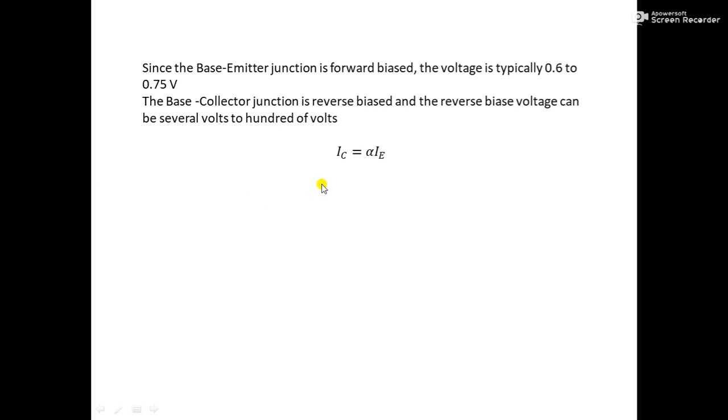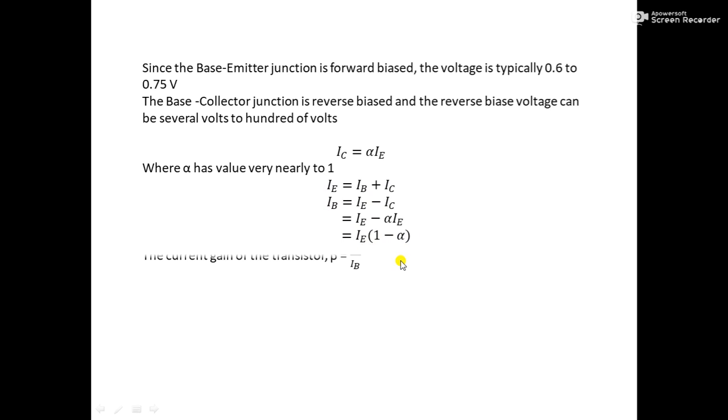Now, as in the previous slide, we have seen that IC is equal to alpha into IE, where alpha is very nearly equal to 1. Also we have IE equal to IB plus IC. So we can write IB equal to IE minus IC, and we can write IE into 1 minus alpha.